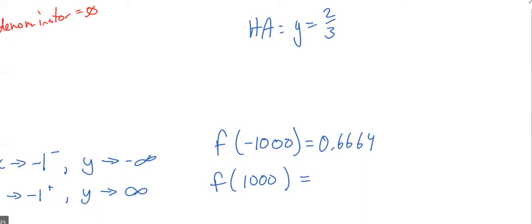And for positive 1,000, I got 0.6669. And what is 2 over 3? 0.6666. So this one is where? Just below, very good. And this one is above.